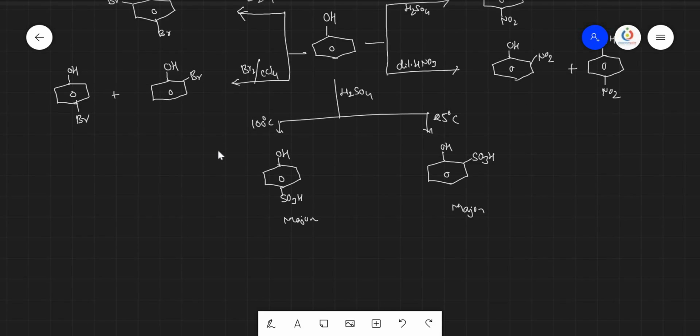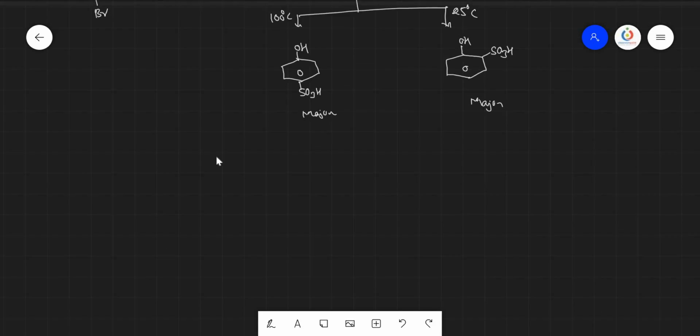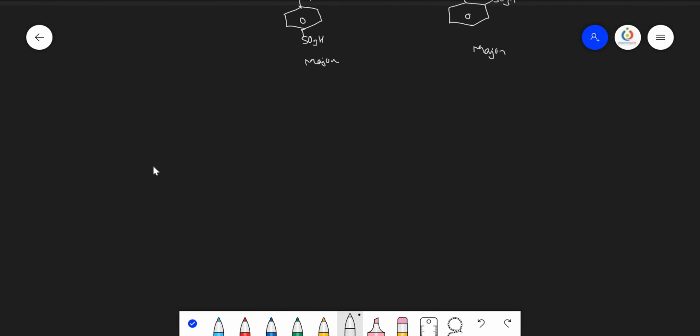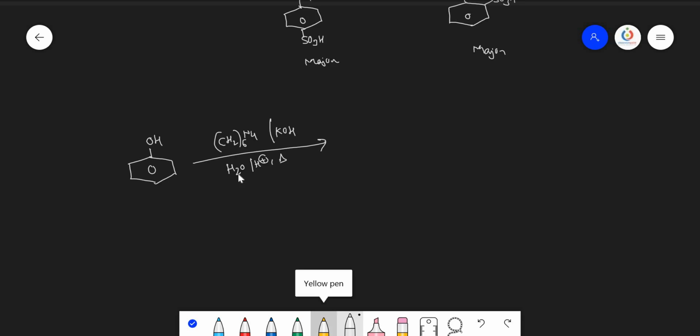Next, let's see two more reactions. Phenol on reaction with hexamine, (CH2)6N4, KOH, H2O, H plus, heat. You should remember this reaction.